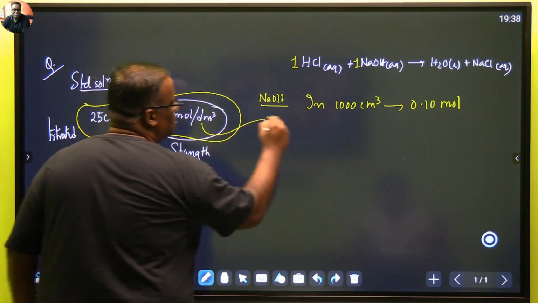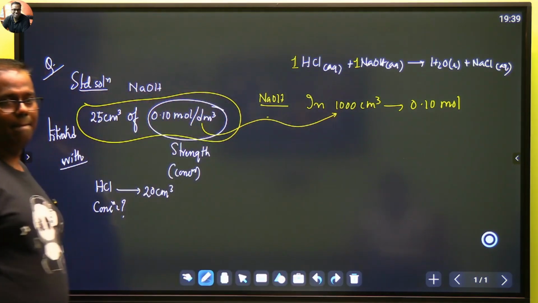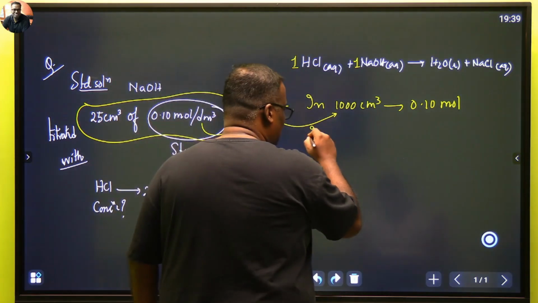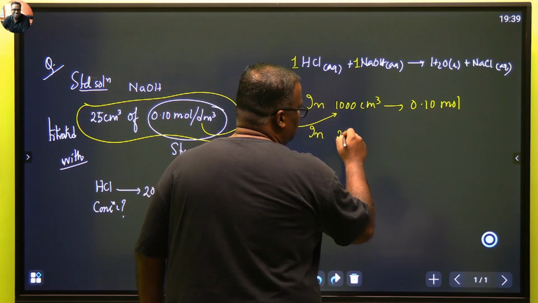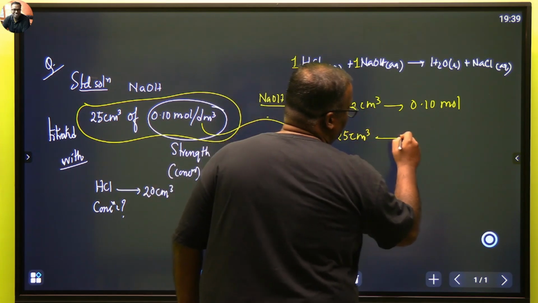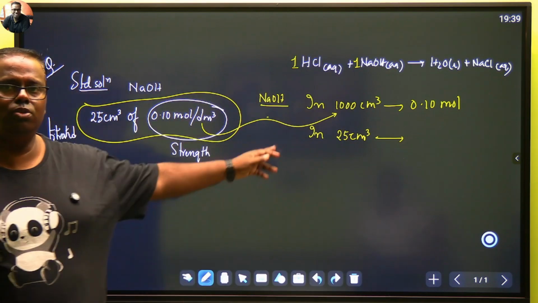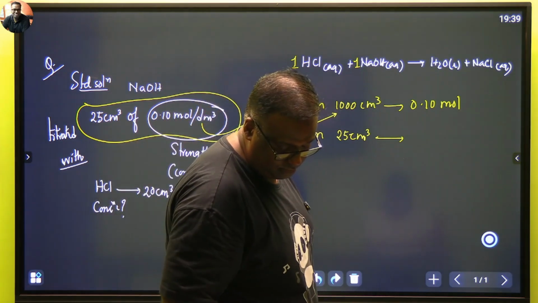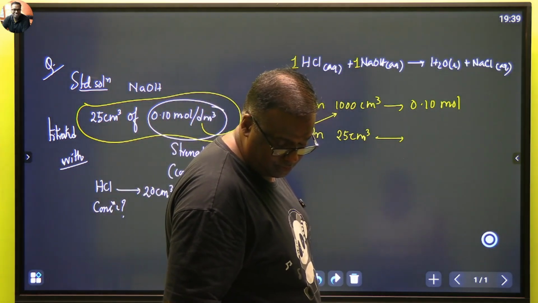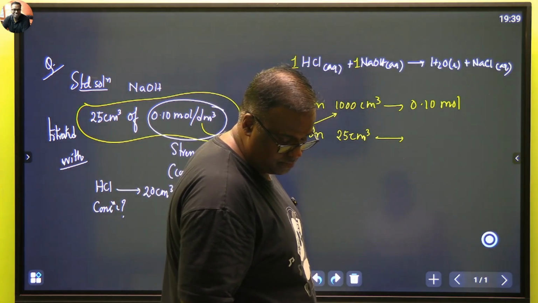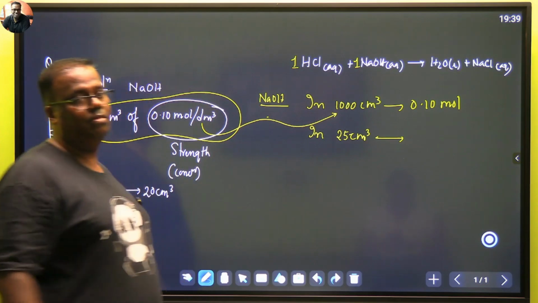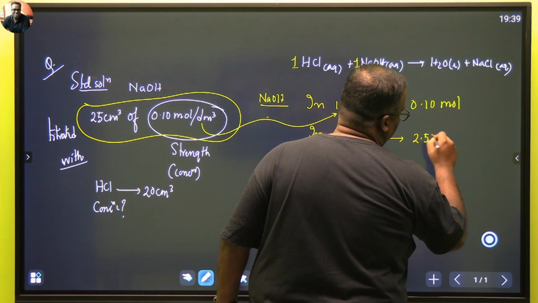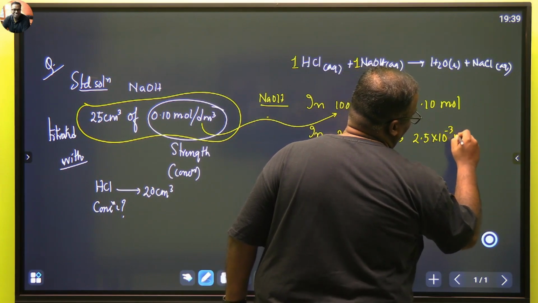This dm cube is the same as 1000 cm cube, no? But how much sample did you take? 25 centimeter cube. Now calculate, use your calculator. In 25 centimeter cube, how many moles were there? All of you try to do this calculation. 2.5 × 10 to the power minus 3 moles.